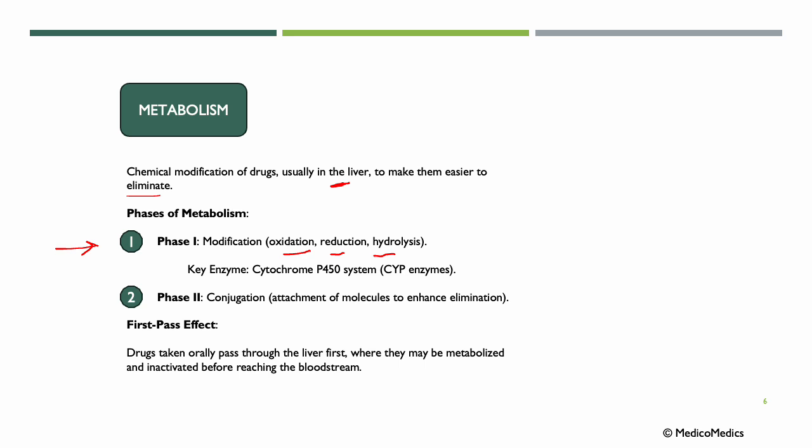These reactions are primarily carried out by the cytochrome P450 enzyme system, often abbreviated as CYP enzymes. Phase 2 is conjugation, where the drug is joined with a water-soluble molecule, like glucuronic acid, for example, making it easier to excrete through urine or bile.